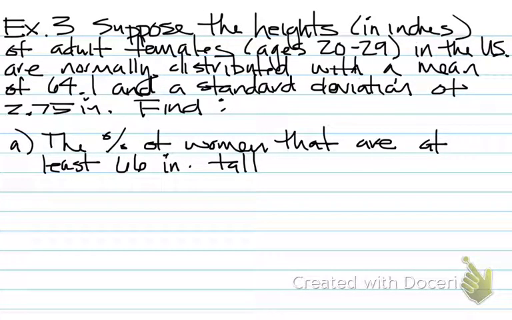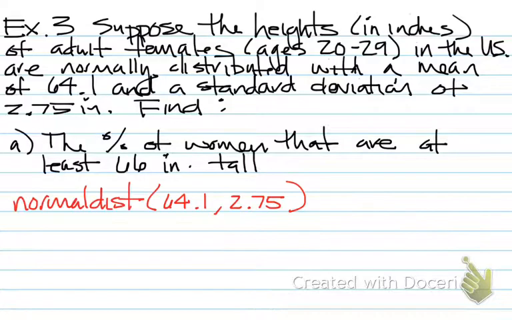And then lastly, suppose the heights of adult females ages 20 to 29 in the U.S. are normally distributed with a mean of 64.1 and a standard deviation of 2.75. We want to find the percent of women that are at least 66 inches tall. That means 66 inches or greater.